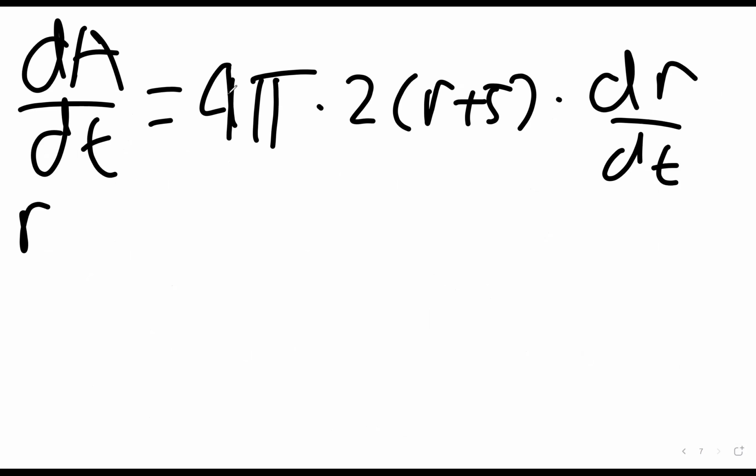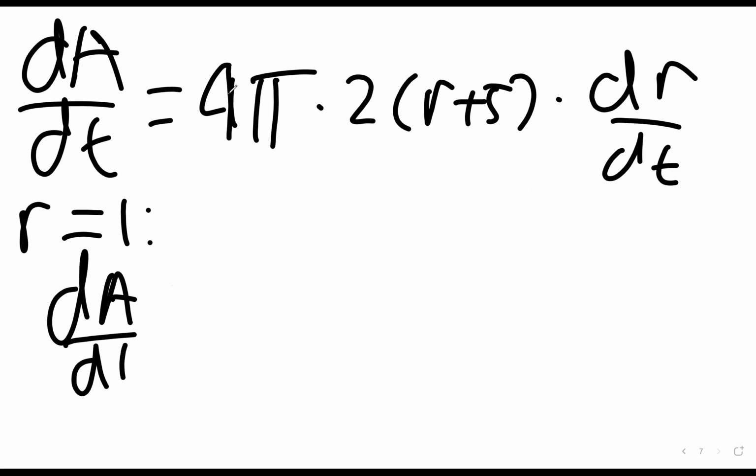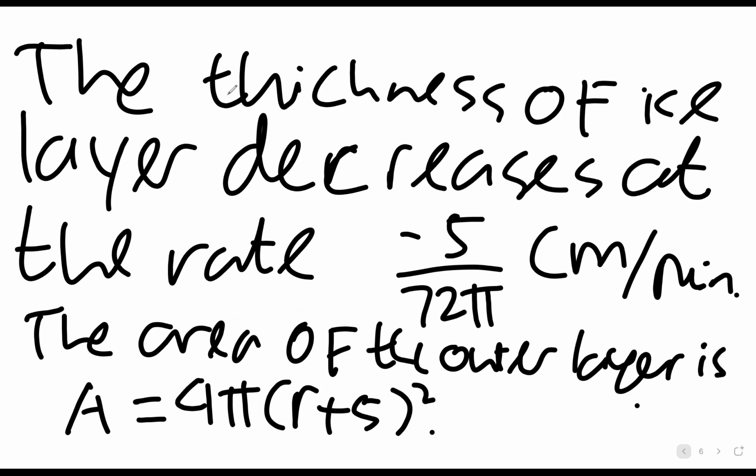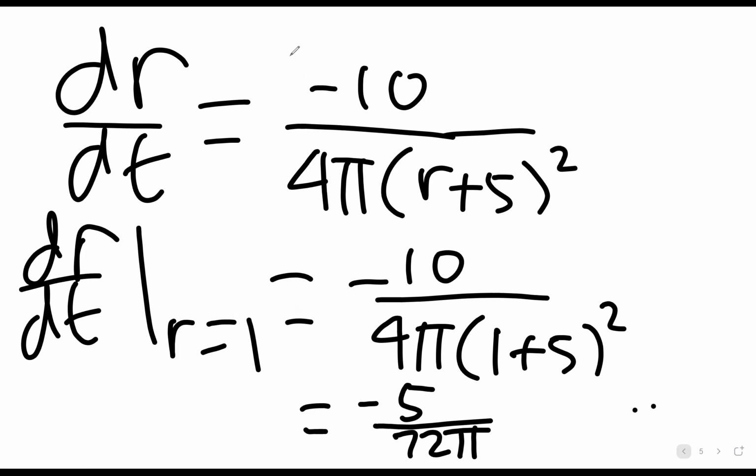Obviously when r equals 1, dA/dt equals 8 pi multiplied by (1 plus 5) and then dr/dt. Oh, sorry, I forgot to mention that if it's mentioned that it decreases, then the sign will be positive. The negative just denotes that dr/dt is decreasing.